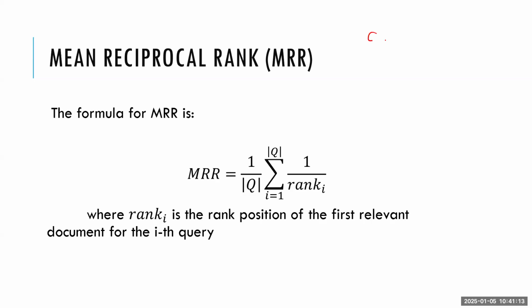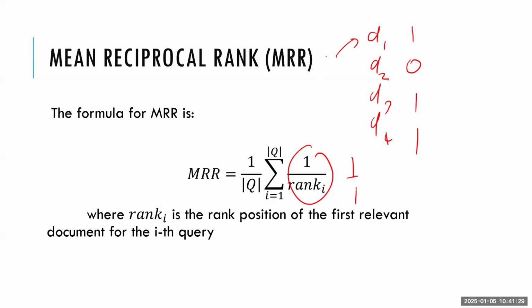If I give you a list like D1, D2, D3, D4, and the relevant one is something like this, I will get 1 over 1 because the highest relevant document is at rank 1. But if the ranking I got becomes something like this, then the highest relevant document is at rank number 2. So I will get 1 over 2 instead.